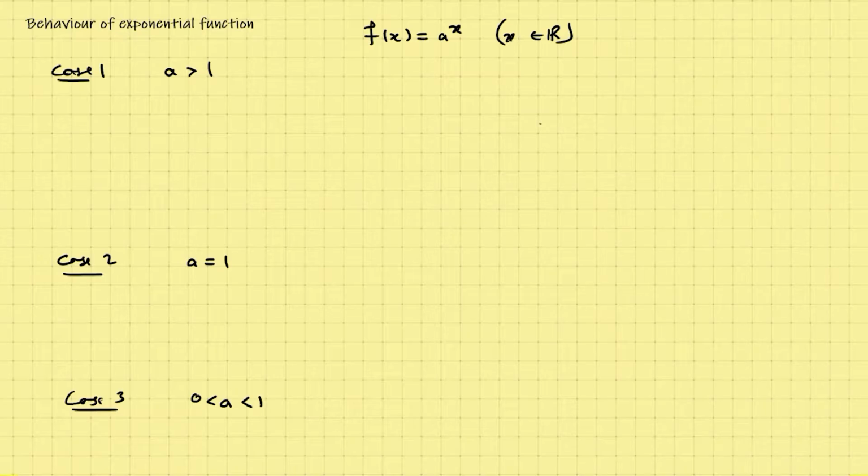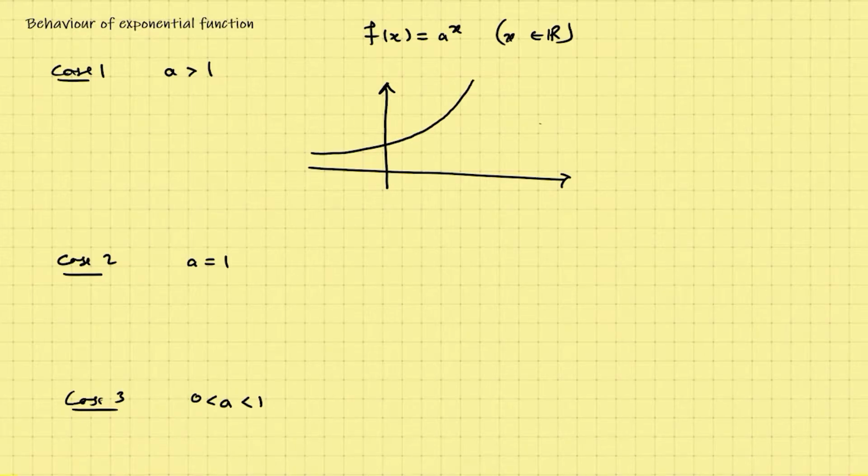So the graph of a to the x for a being bigger than 1 is going to be a function which is just going up and up and up, right? If you want to think about why, consider 2 to the power x. As x gets bigger, 2 to the power x gets even bigger.